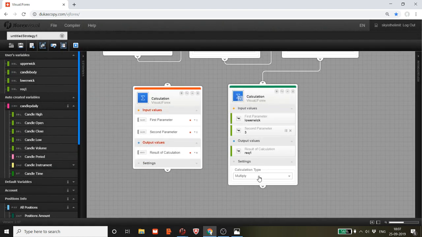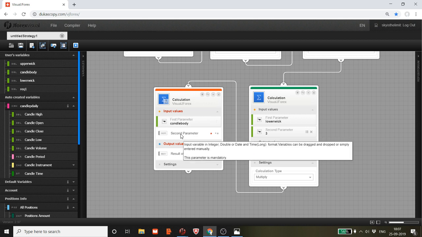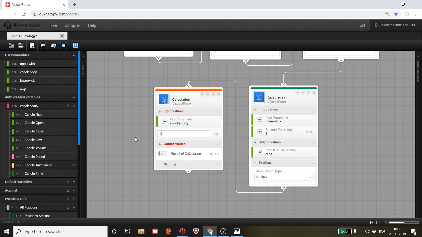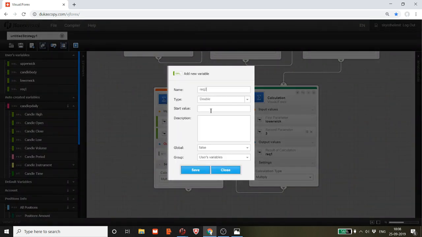Setting we need is multiplication, so keep the multiply, and then in the second I will multiply the body of the candle by the 3, and the result of calculation will be requirement 2, and start value 0.